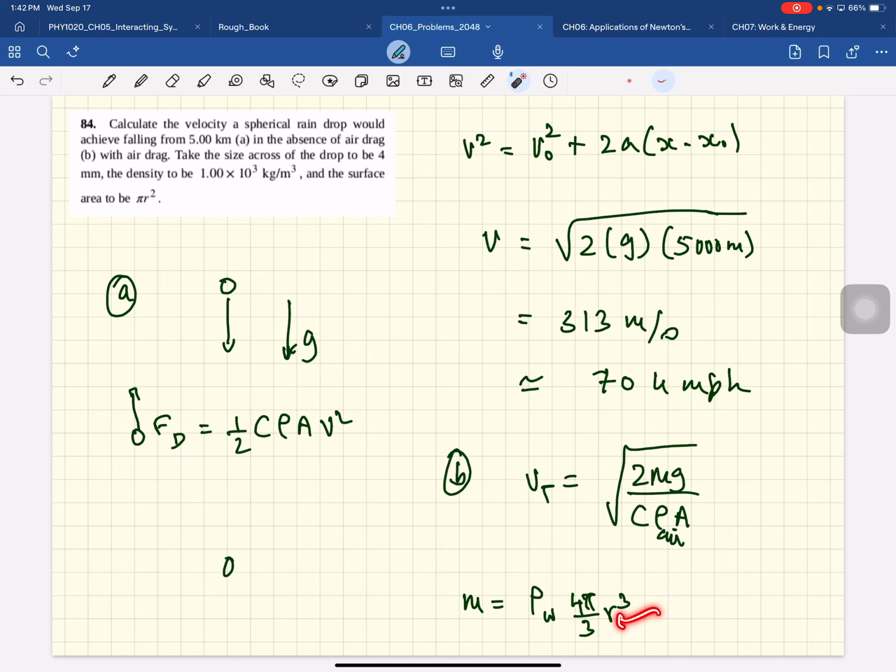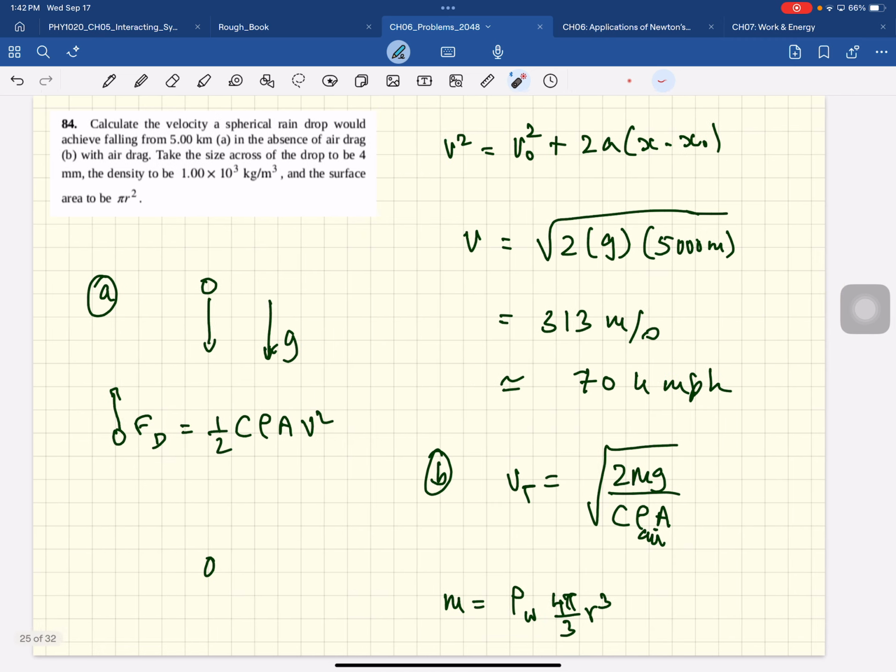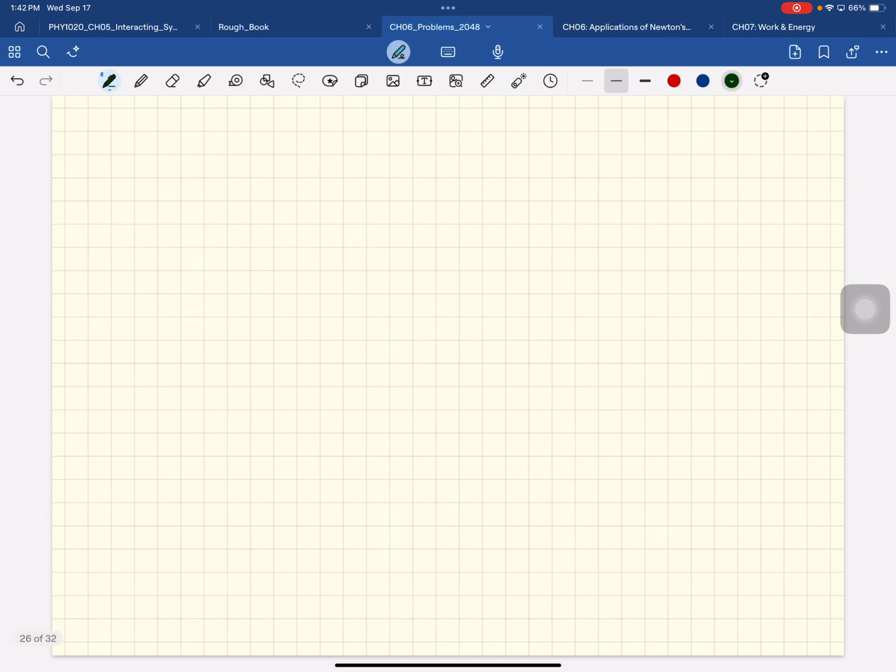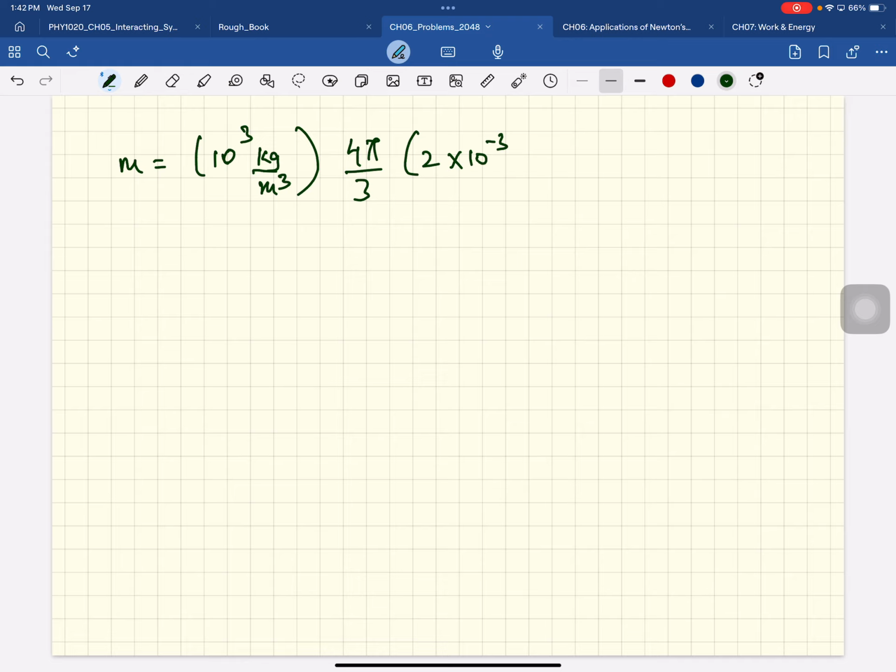So the radius is 2 millimeters. So the mass of the raindrop, the density of water is 1,000 kg per meter cubed, times 4 pi by 3, times 2 millimeters, the radius, where a millimeter is 10 to the minus 3 meters, cubed.